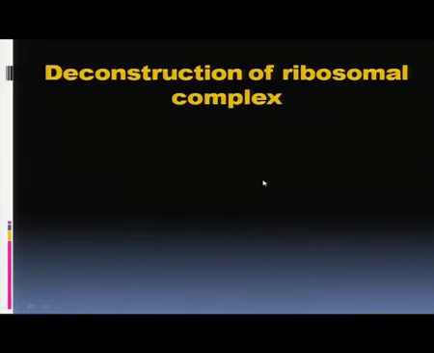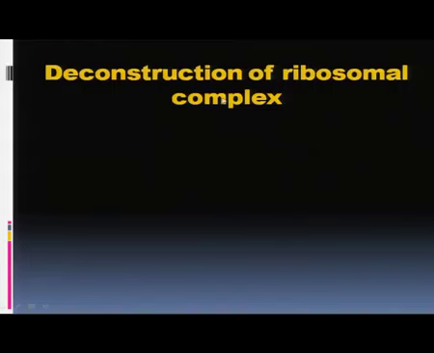Now, after the release of release factor 3 from the complex, how will the whole ribosome complex be dissociated, or we can say deconstructed? That is the deconstruction of the ribosomal complex. So, before that, let us understand this diagram.